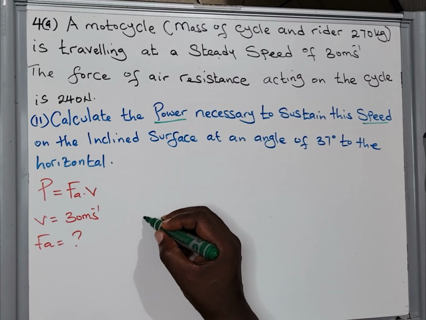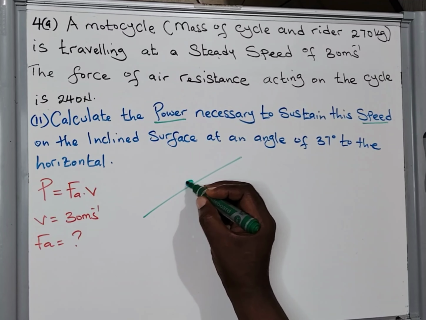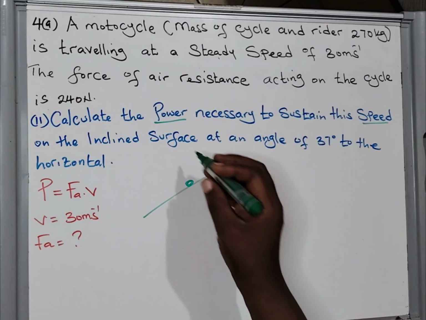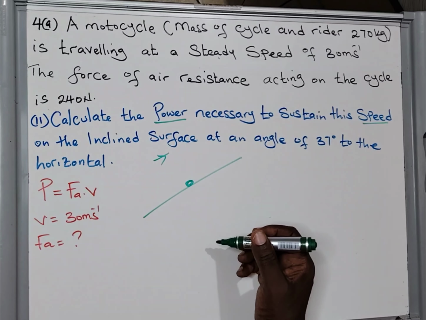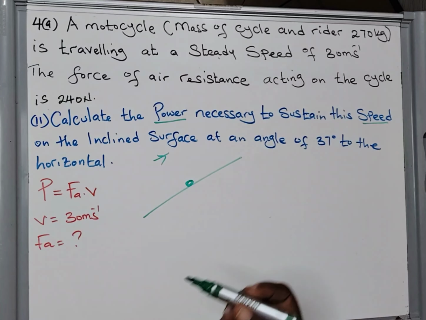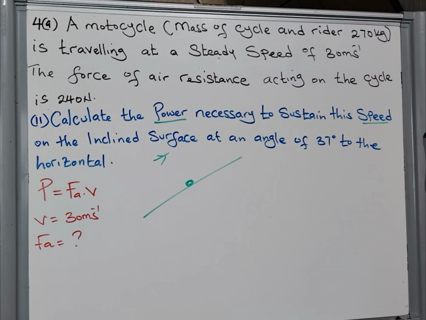Okay, let's look at the scenario. This time around, it's an incline. So that's our incline, and the cycle is going upwards at a steady speed. So here you have to use your imagination. This is very important. There is no way under any circumstance a body can be moving up an incline with a steady speed without applied force.